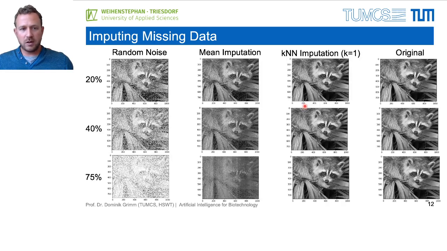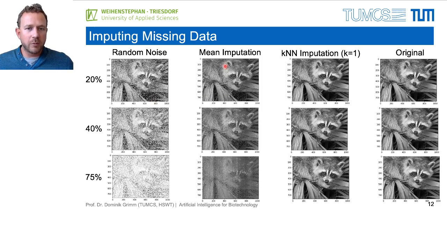And for example, if we use other random noise ratios, for example 20%, then we still can see the image here, but all these white dots indicate that there is something missing. And data matrices where we don't have any entry can't be used in a machine learning model. So we somehow have to impute or infer the data.